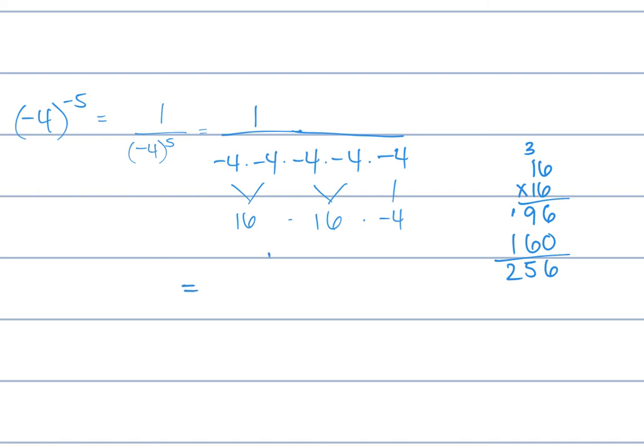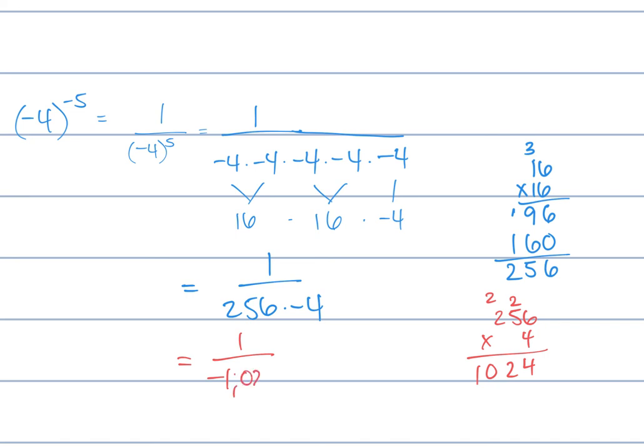So it's 1 over 256 times negative 4. If we multiply that 256 by 4, we're going to get 4, bring up the 2. 2 times 5 is 20, plus 2 is 22. 4 times 2 is 8, plus 2 is 10. So 1,024. So our final answer is 1 over negative 1,024.